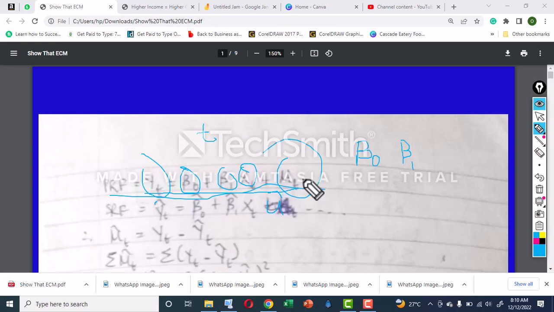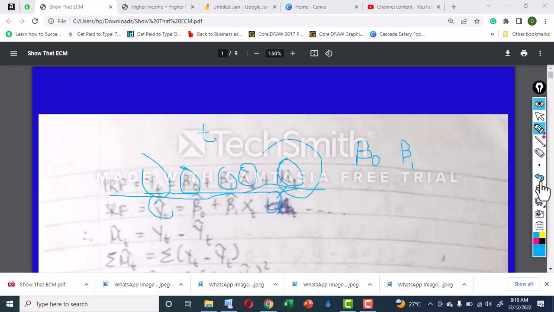The estimated μ is just mirroring the real μ here. Everything here is just mirroring what is here. This Ŷt is mirroring this. We want to try as much as possible to get exactly the same thing, or very close to what we have in our population. So it simply means this μ̂ will be almost exactly the same as this μ.